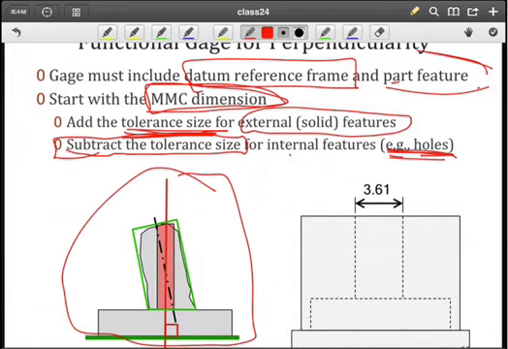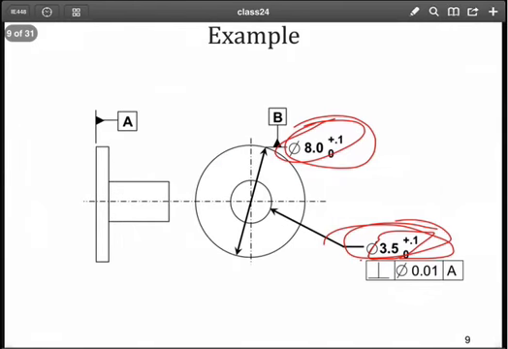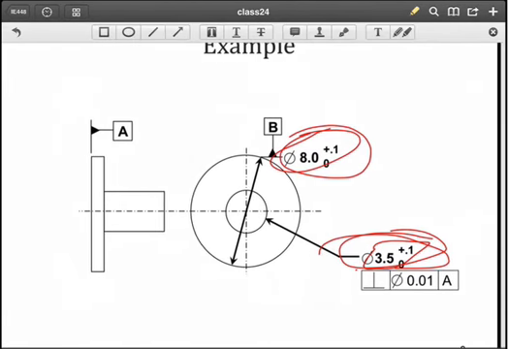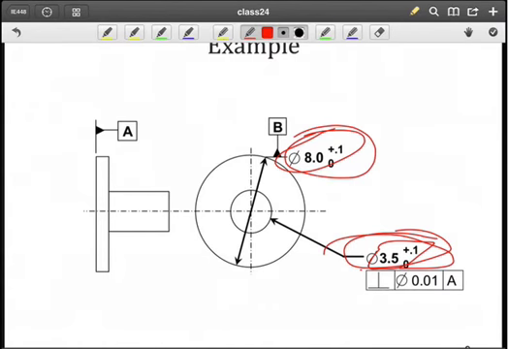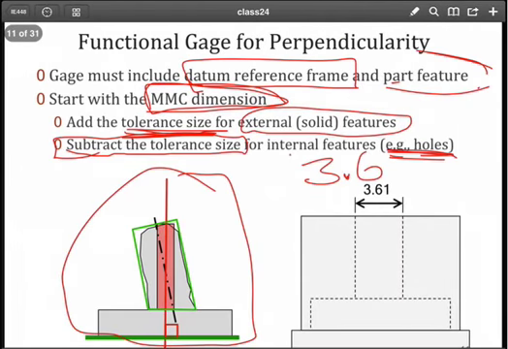So in this case, we started at MMC of 3.6, going back to our design spec. As we can see here, the tolerance zone size is 0.01. So that's what we use in terms of adding that to the size of that gauge. So we end up with 3.61.